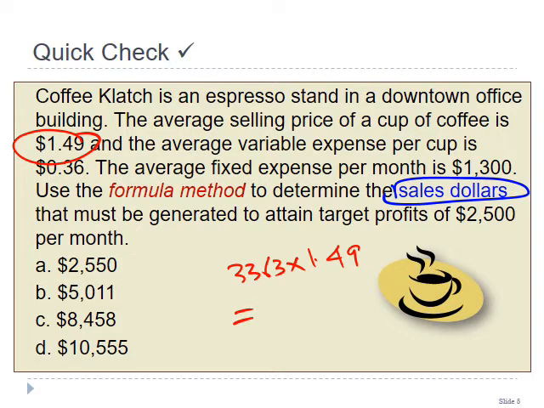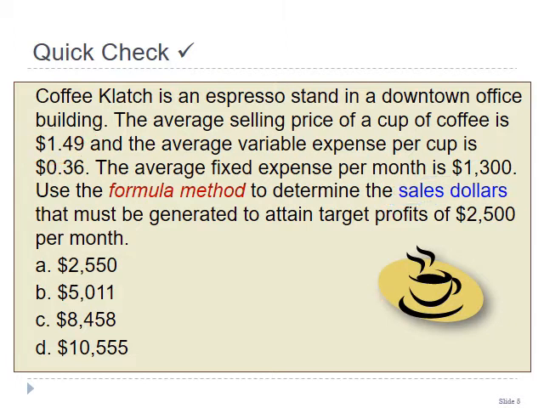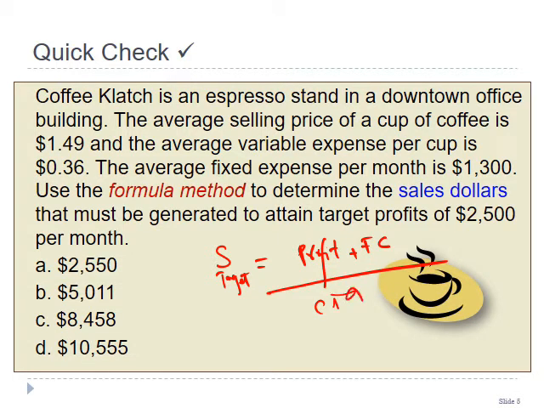And the answer would be 5010.62, or the closest one is B, right? Or you can use the equation that dollar sales, or target sales, is equal to profit plus fixed cost divided by CM, and here the CM is not in units, it's in percentage ratio. It will also result in the same answer.